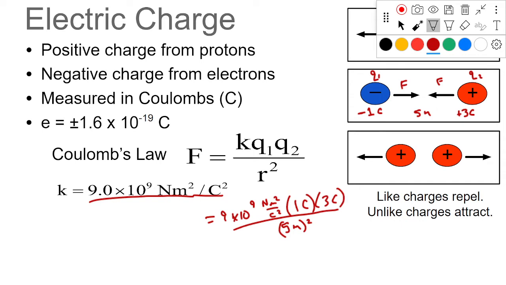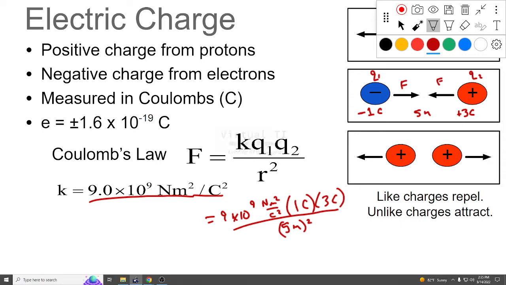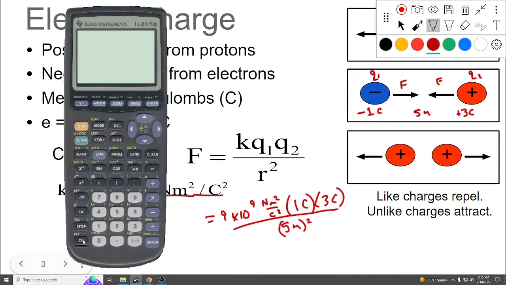That's the tricky part. So I need my calculator here. I'm going to clear out all of this mess, and I'm going to put that in just like it shows. Now that 9 times 10 to the 9, that's scientific notation, and the easiest way is with that EE right there. You see it's in yellow, so you have to hit the yellow button, the EE. On newer calculators, it's a blue button and blue EE, but same idea.